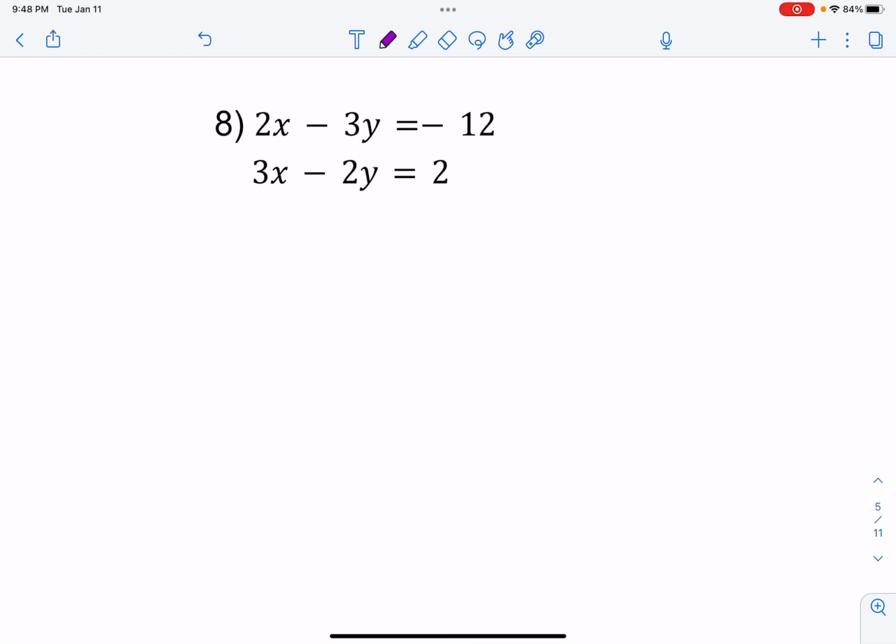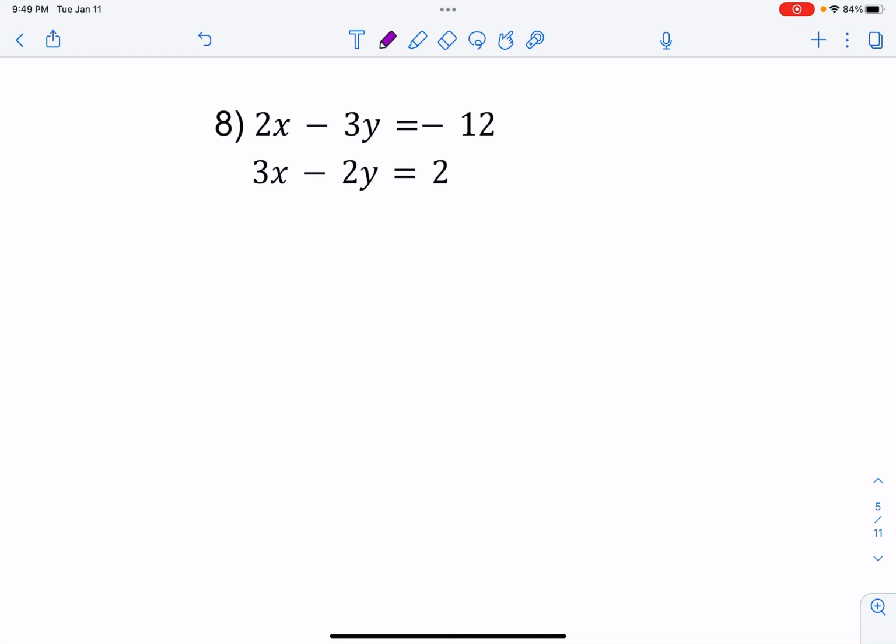Notice that both of our x values are positive and both of our y values are negative. So we just kind of need to make a decision going into this plan of attack. Do we want to get rid of x or do we want to get rid of y first? It does not matter. You should get the same answer regardless. But I'm going to say let's get rid of x.